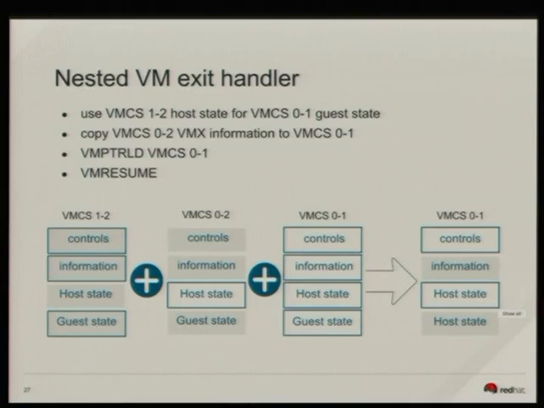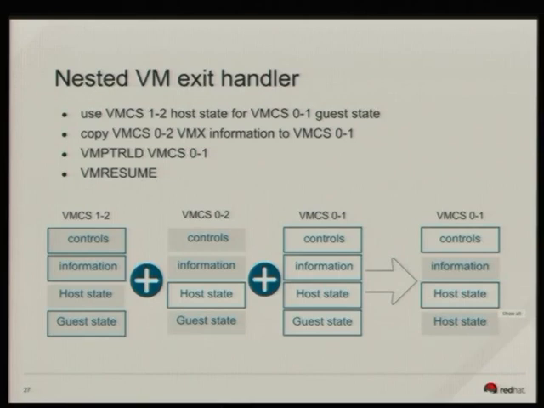This is also an operation that combines 3 VMCS. But now we have the information we got from exit from VMCS 02, which is the VMX information, and we copy it into the VMCS 01, which is going to launch the L1.